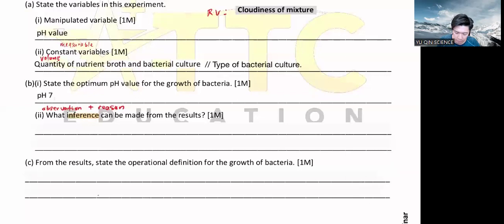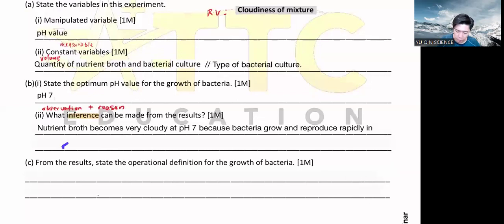Okay, there you go. So nutrient broth is very cloudy at pH 7. Ka-ching! This is your first part. Then the other part: bacteria grow and reproduce rapidly in neutral condition, which means they like it a lot. I think the best phrase to always use is this one, grow and reproduce rapidly.